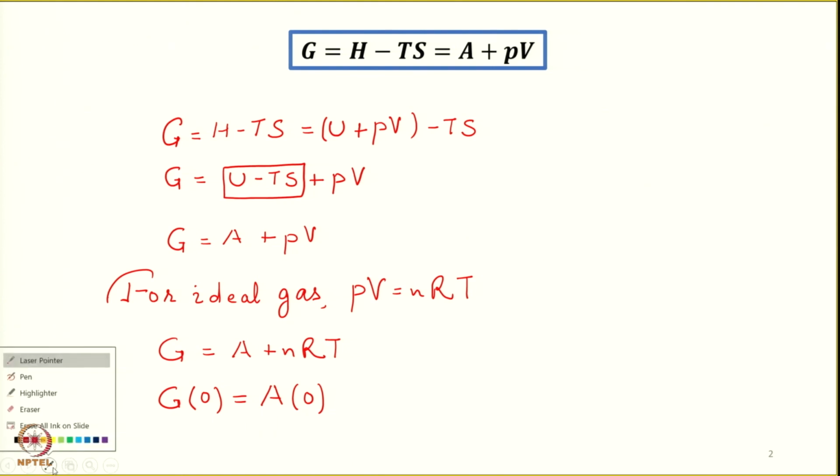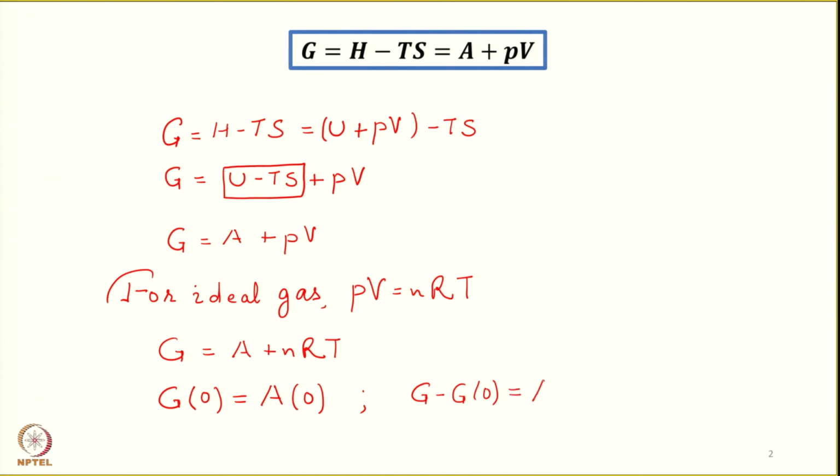That means now I can write another equation, that is G minus G0 is equal to A minus A0 plus PV.